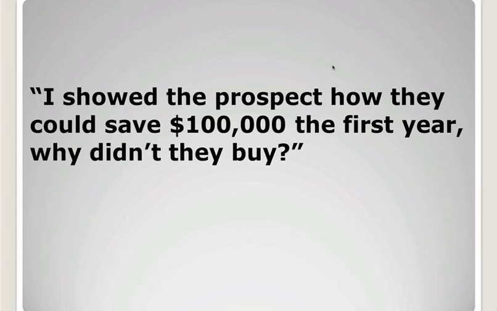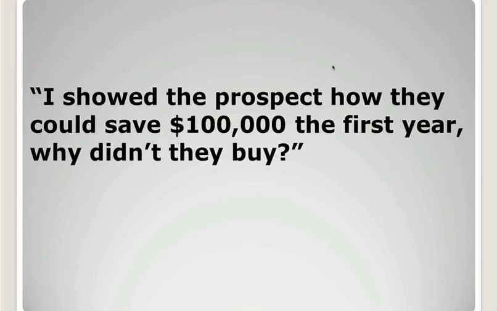Well, a couple of important points. When we do this kind of a return calculation, and this is the kind of calculation that Michael was talking about, make sure we're using the prospect's numbers. The key to this is asking questions and letting the prospect come to the conclusion that they would save money or get some other return. When they come to their conclusion, they own it. They won't argue with their own data.